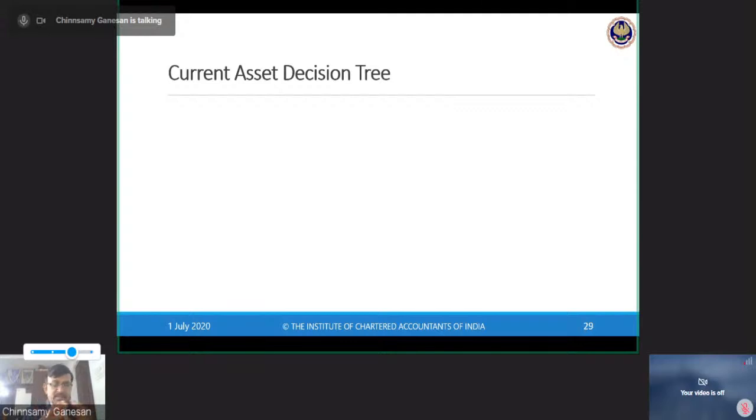All the 4 conditions for current asset or for current liability are not cumulative conditions. What does that mean? Even if one condition out of 4 conditions has been met, that item will be treated as current. If none of the conditions are met, it will be treated as non-current. Okay, that is what is important.